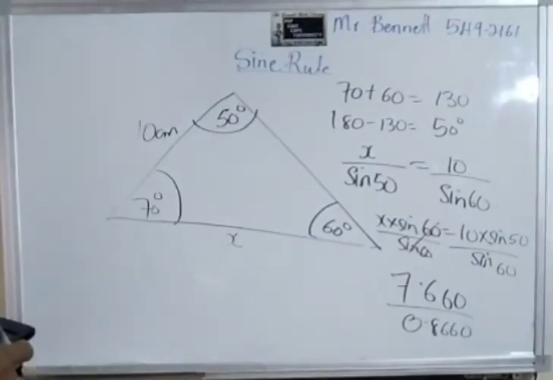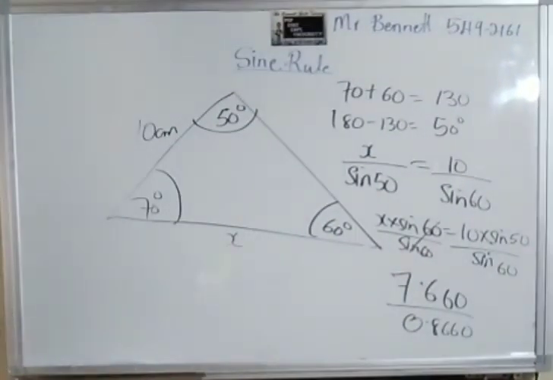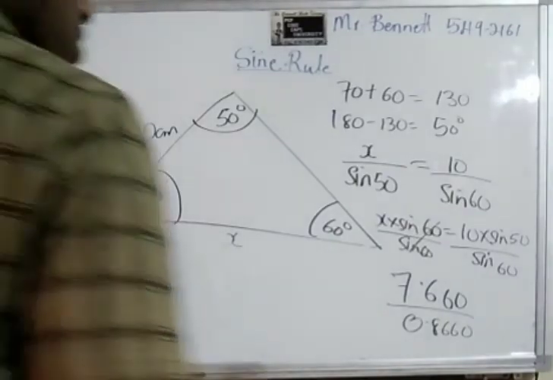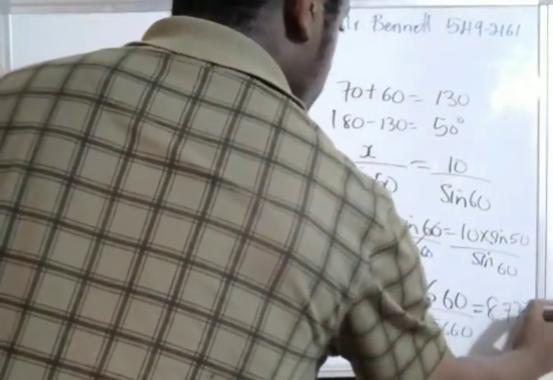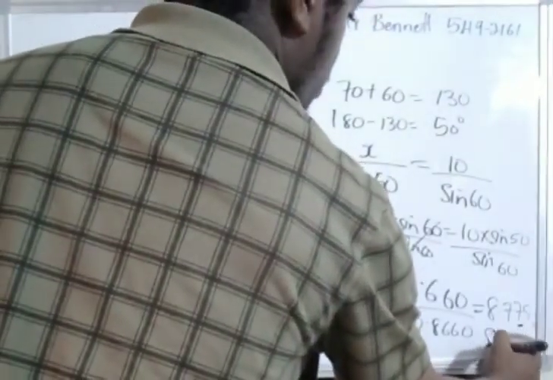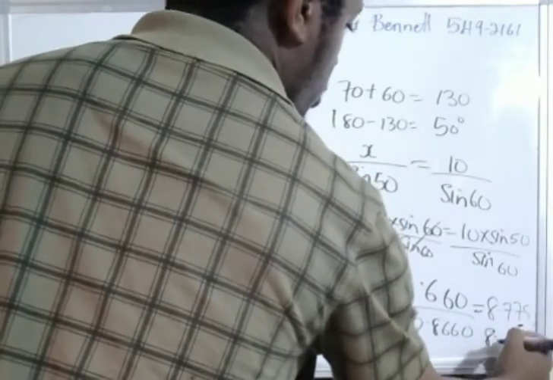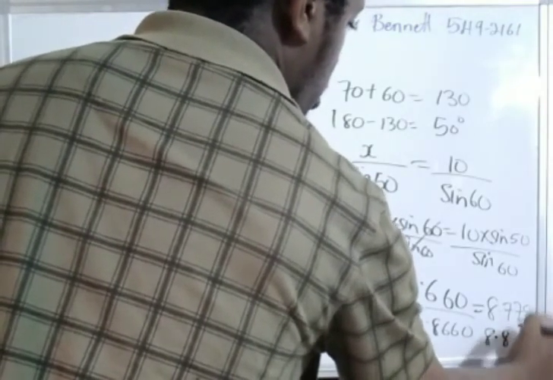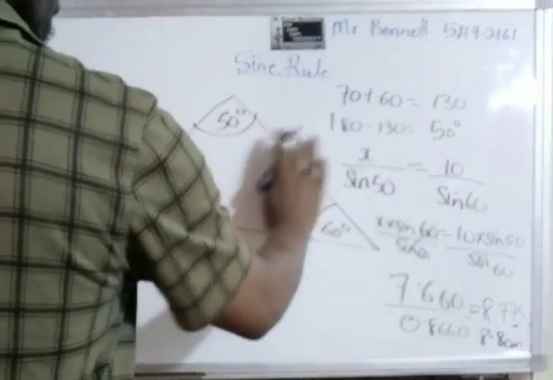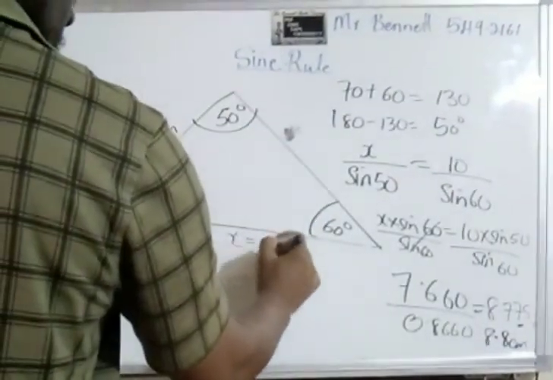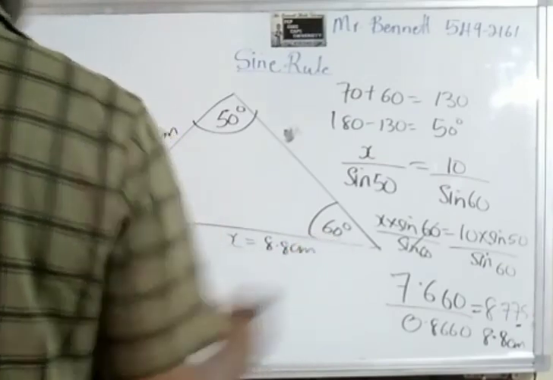So we divide 7.66 by 0.866, and that gives us 8.775. If it's one decimal place, we go to the 7, add round up 1 because it is higher than 5. So therefore this would be 8, not this. X is equal to 8.8 centimeters.